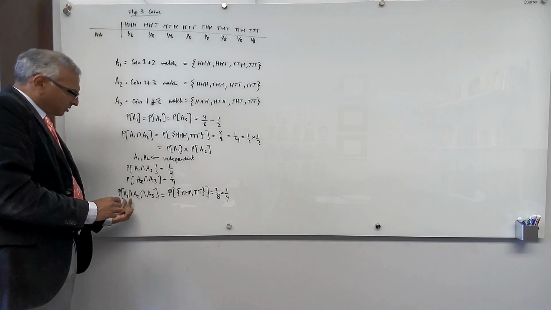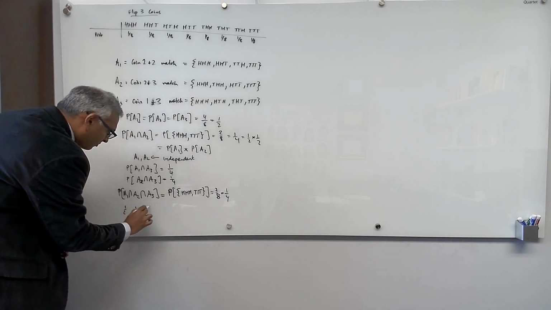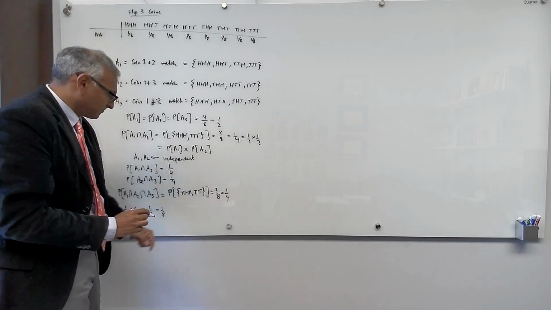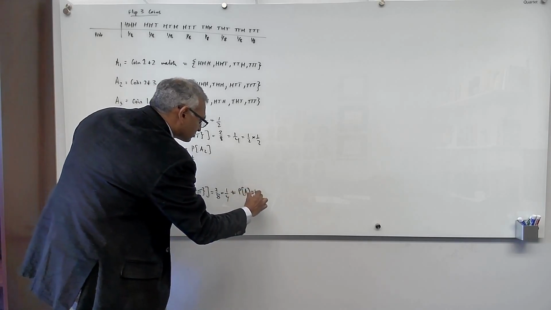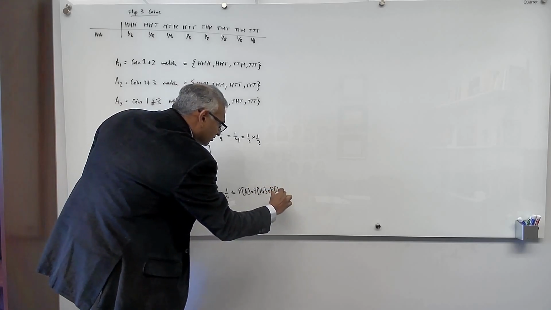But the probability of each individual event is 1/2. If you take the product of these 3, you get 1/8, not 1/4. So this is not equal to the probability of A1 times the probability of A2 times the probability of A3.